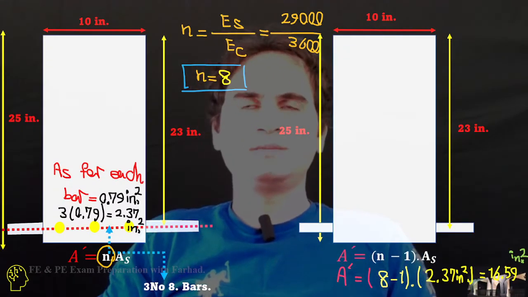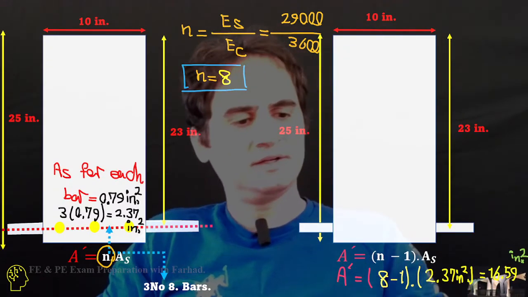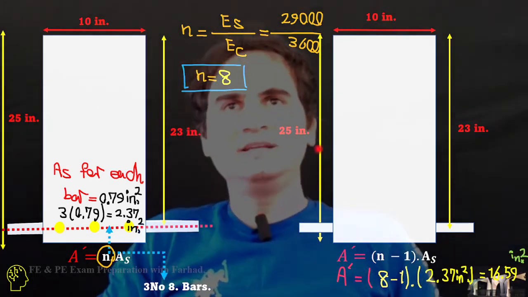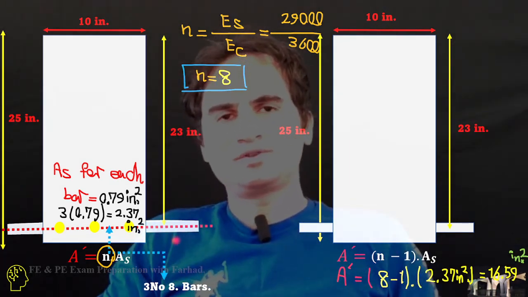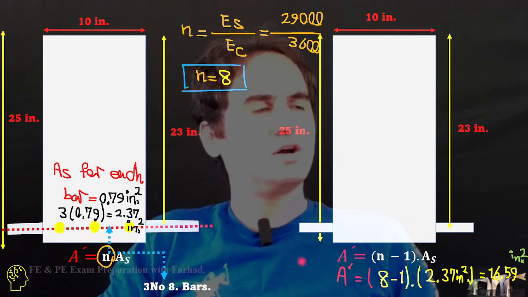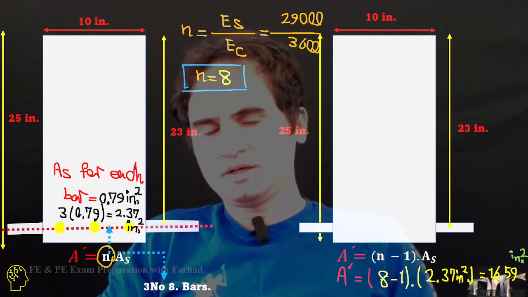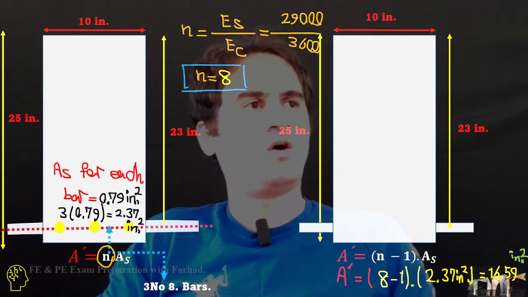The next step is to convert the steel rebars to an equivalent concrete, to have a unified cross section, all in concrete.